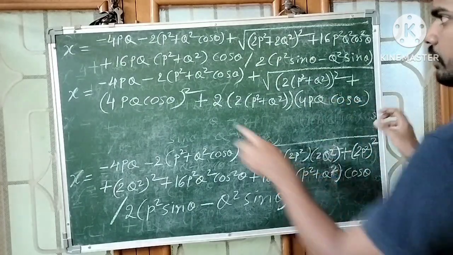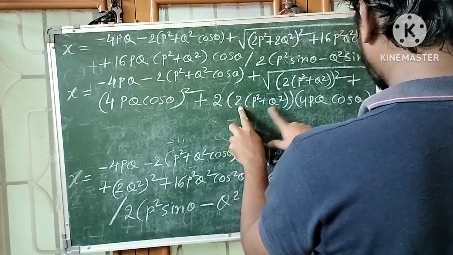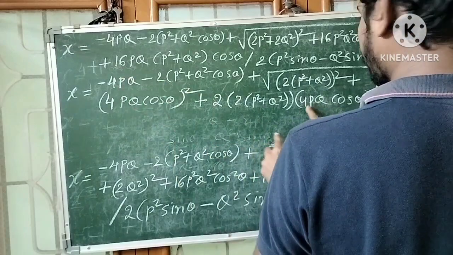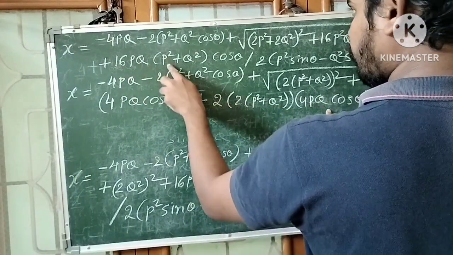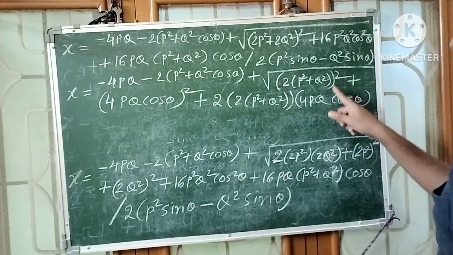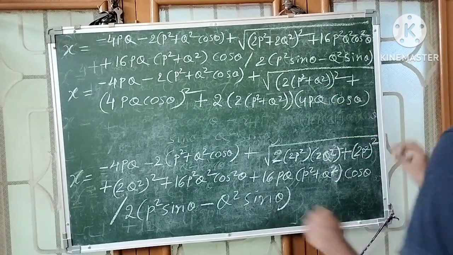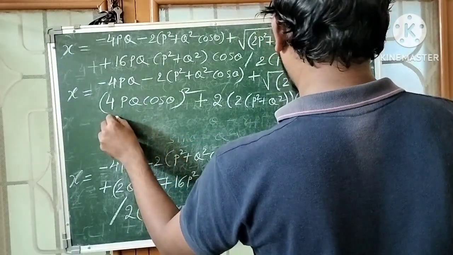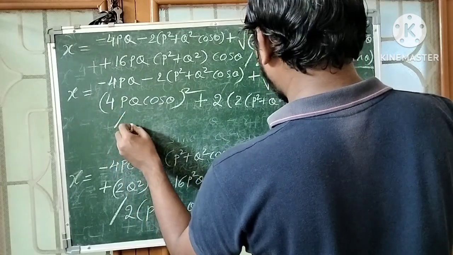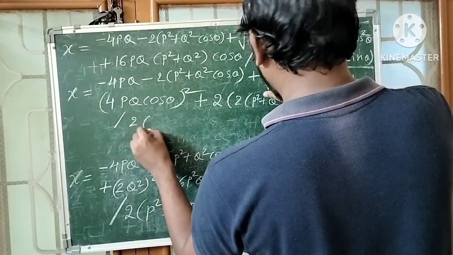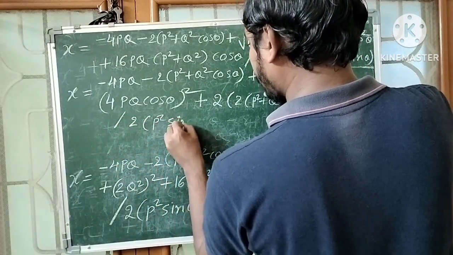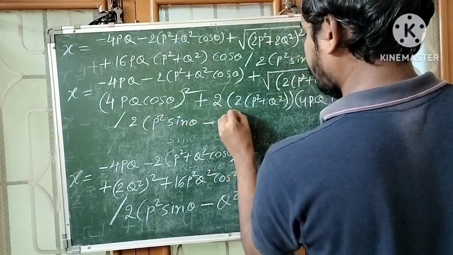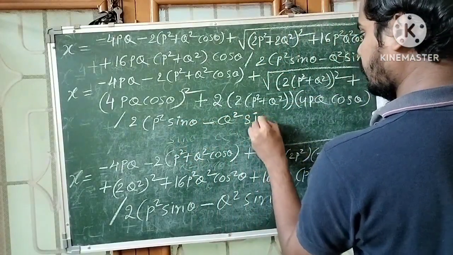Just to verify this term, multiply 2 into 2 is 4, 4 into 4 is 16, pq term, p square plus q square, cos theta. Yes. Here we have one more identity, divided by denominator, 2 into p square sin theta minus q square sin theta.